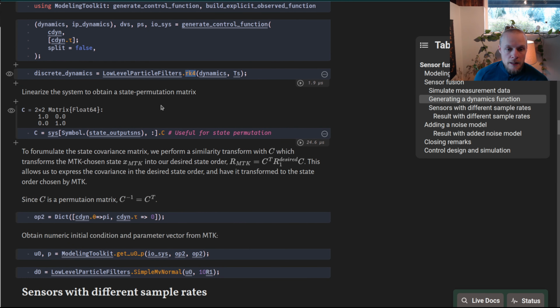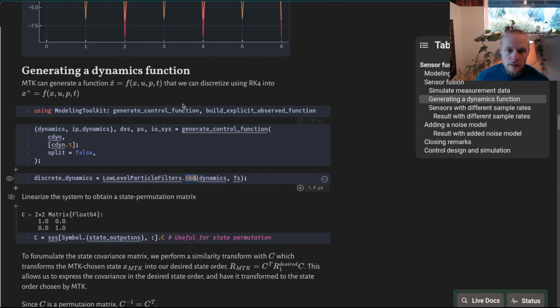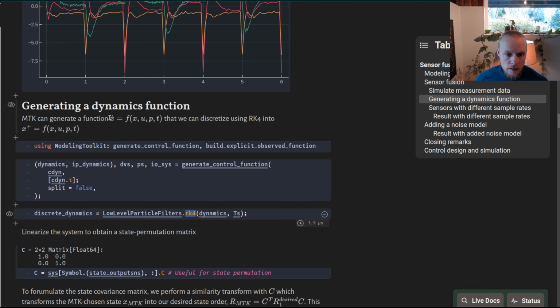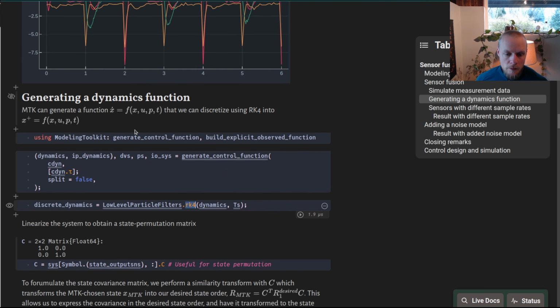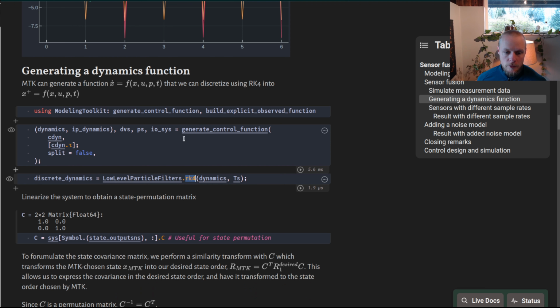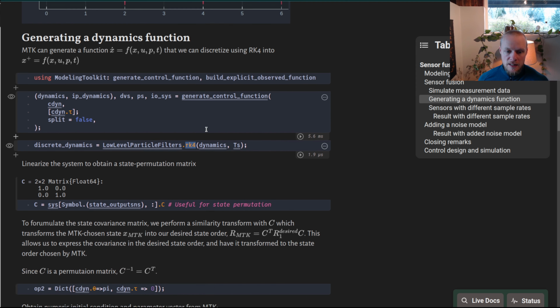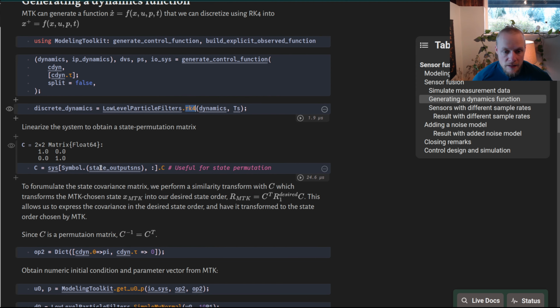All right, and then ModelingToolkit doesn't give you any guarantee of what order the state variables come in. But I want to design a state estimator for a particular order of the state variables. So this is when I use this vector of state outputs that I had defined above.